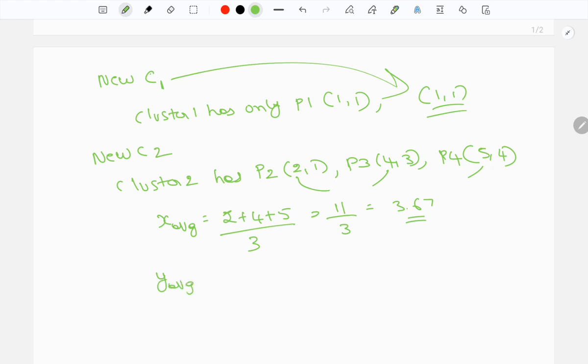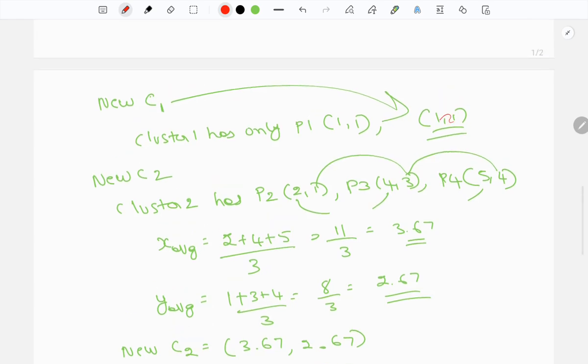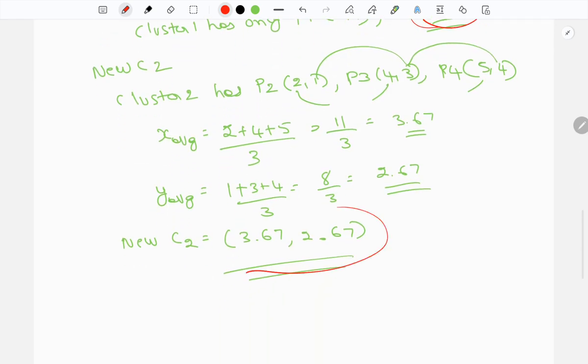Similarly, y average is (1 plus 3 plus 4) divided by 3, 4 plus 4 is 8, by 3, we have 2.67. So the new C2 is (3.67, 2.67). So new C1 is (1, 1), whereas new C2 is (3.67, 2.67).